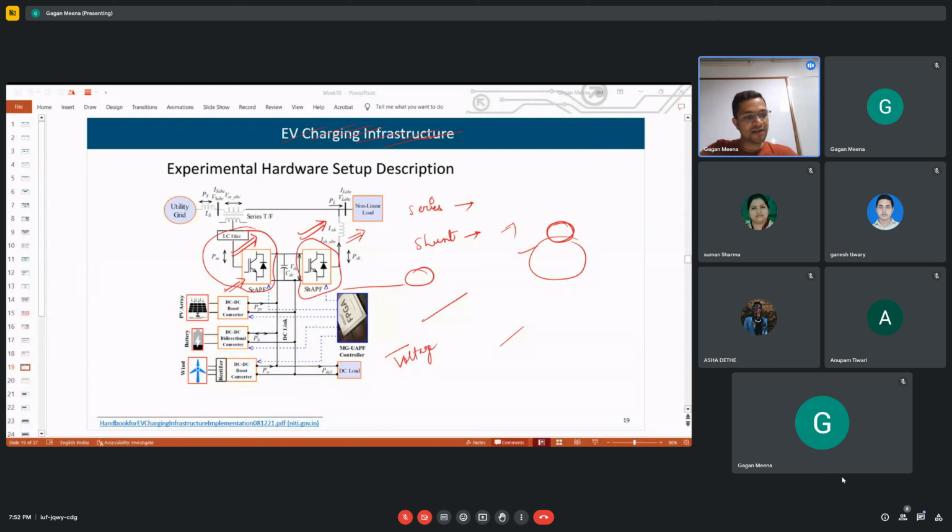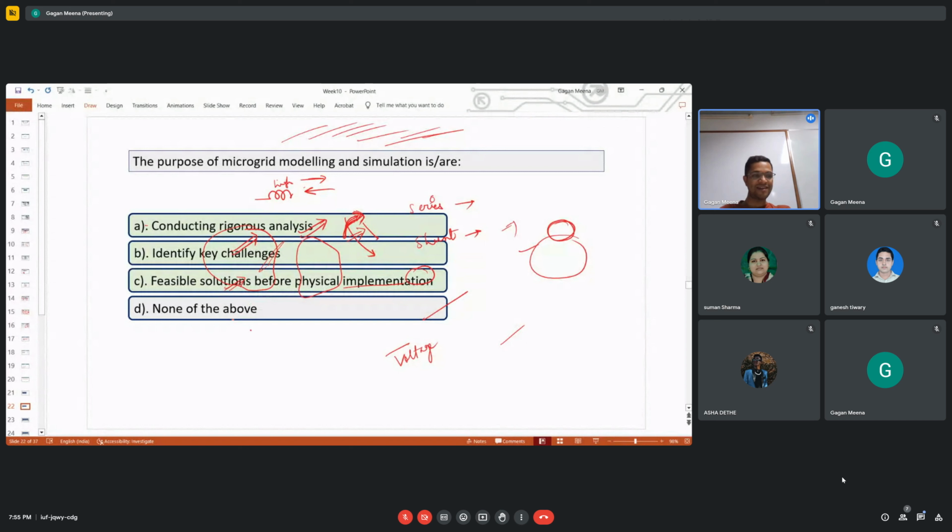Next one is this: identify the incorrect statement with regards to inverter control of PV and ESS in microgrid. The first option is PV and storage controls are based on decoupled dq control strategy. Second is PV and battery storage are interfaced to AC using a dynamic average model of their DC-AC voltage source.